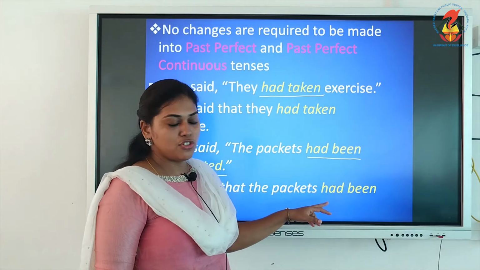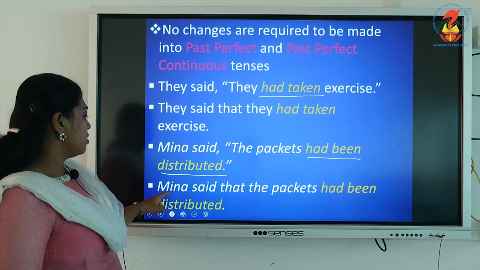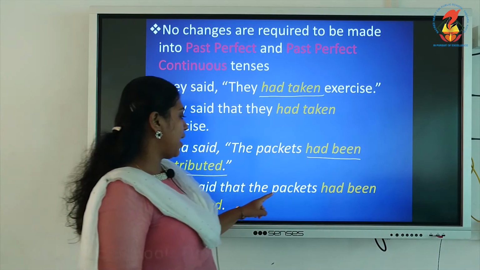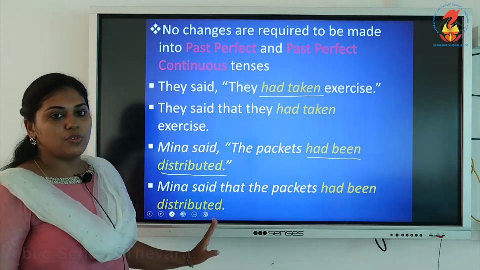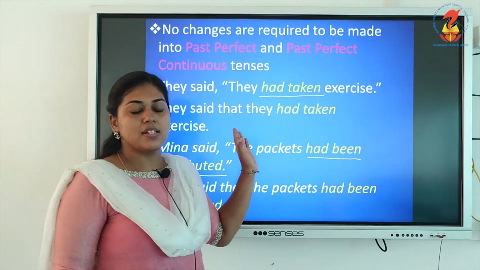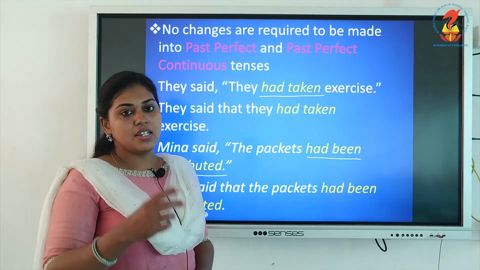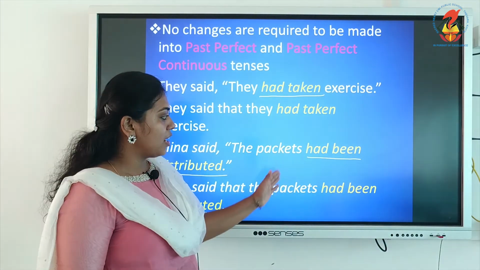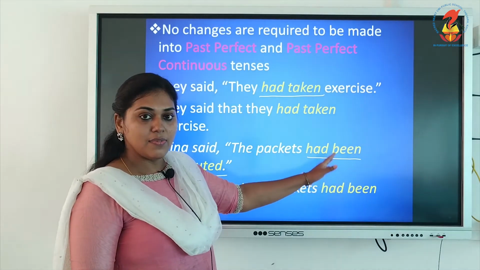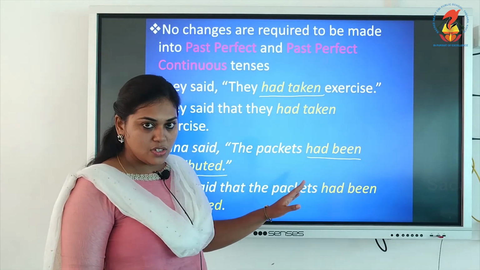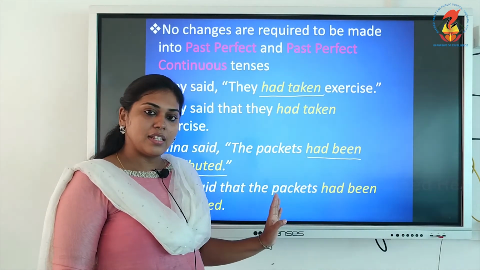So we do not have to change. Okay. So it should be, Meena said that the packets had been distributed. That is why in the previous slide I showed you a table. Hope you remember that. When had been comes, we do not have to change. You have to just write the same thing.